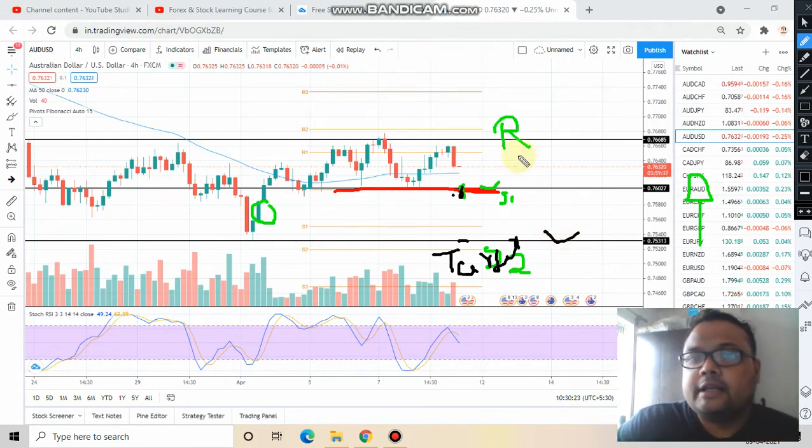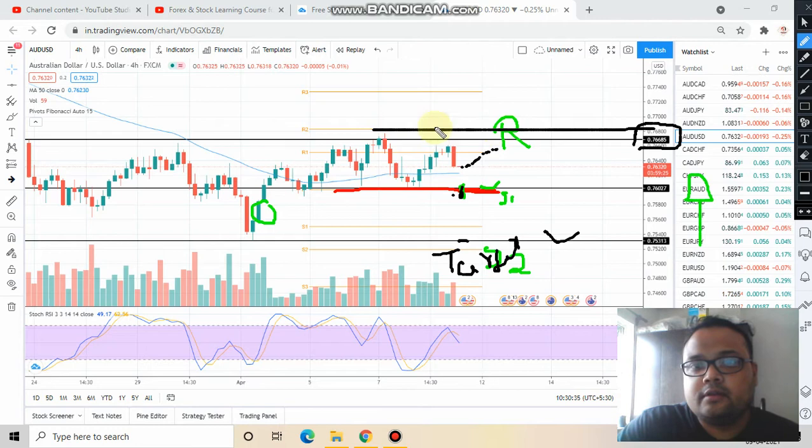On the other hand, if market goes up from here and reaches this level, 0.7668, or this particular level in this zone, just observe how the price reacts.